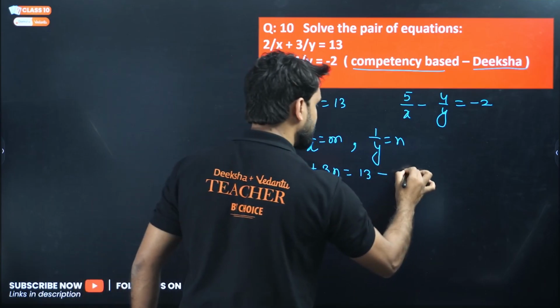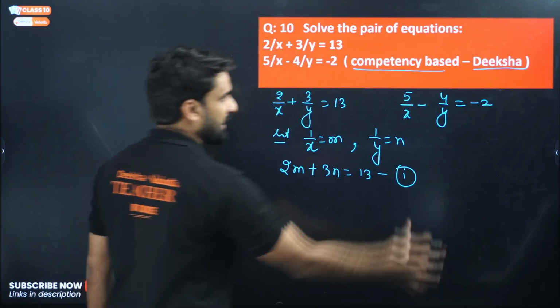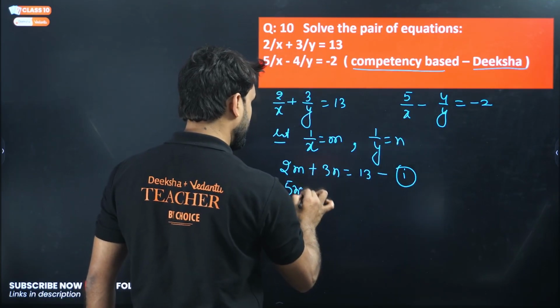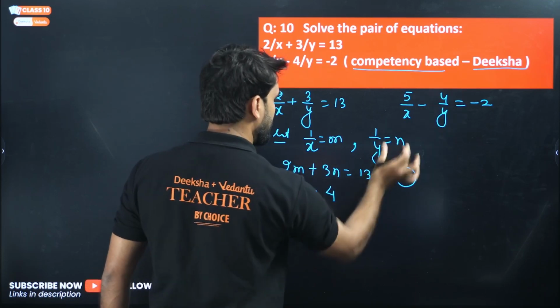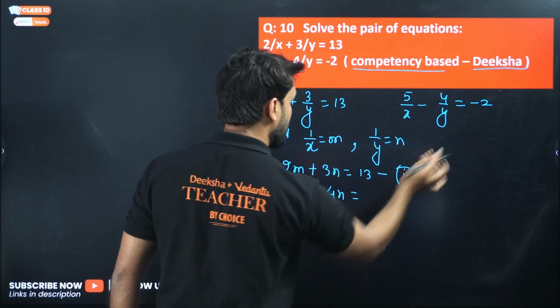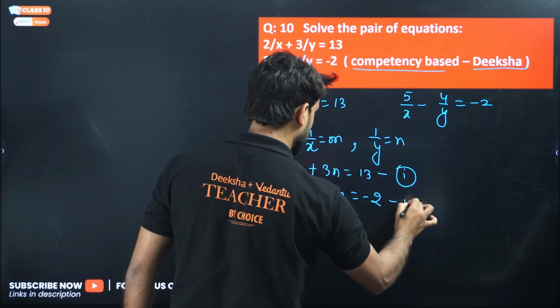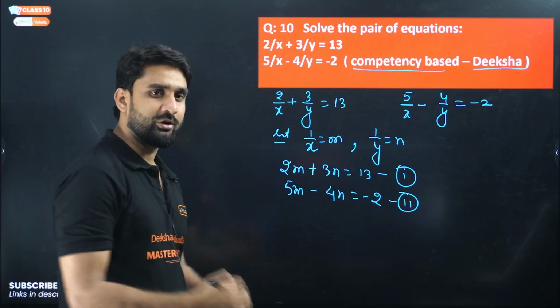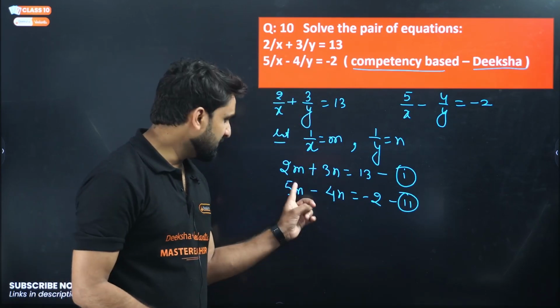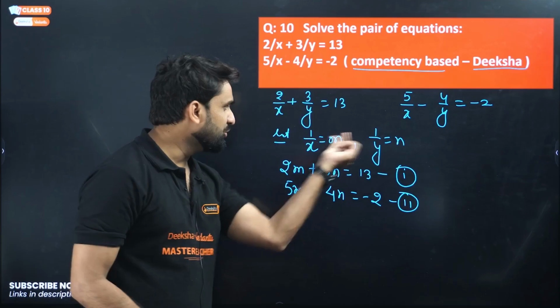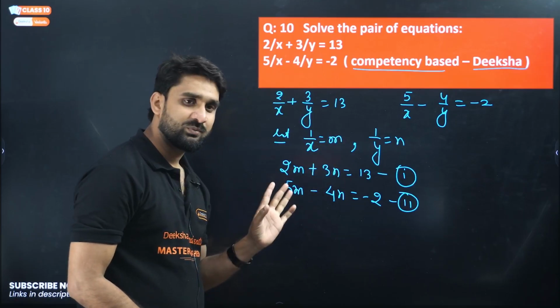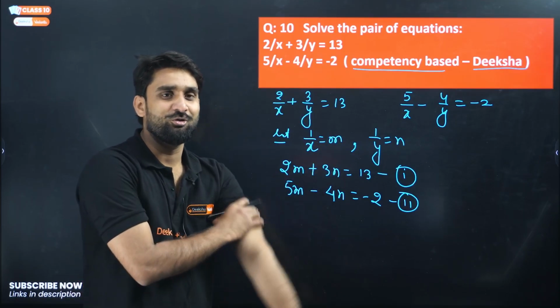I'm calling this equation 1. And this equation will be 5m minus 4 into 1 by y, which is n, equals minus 2. Is it clear, everyone? I have modified the equations. Now the assumed variables are with numbers. Now this is the perfect form of linear equations in two variables.